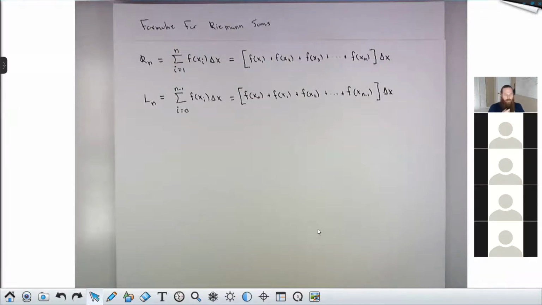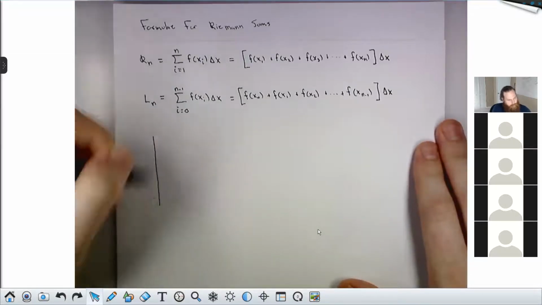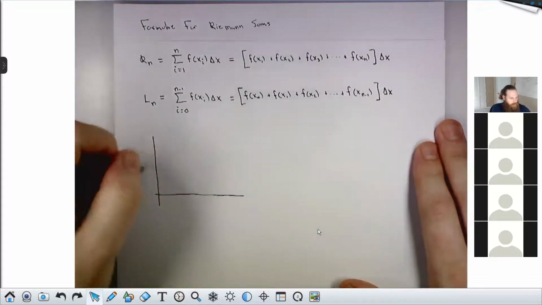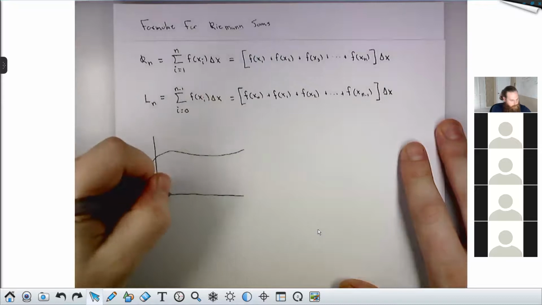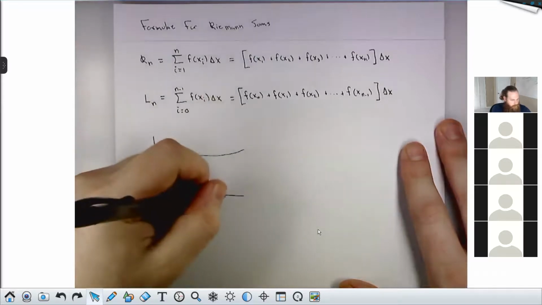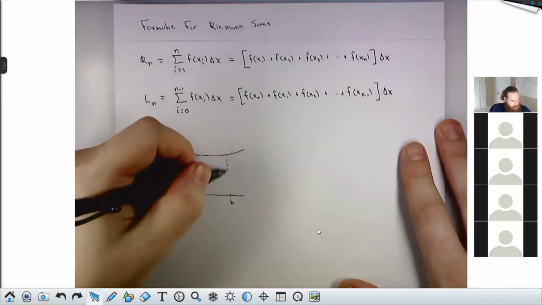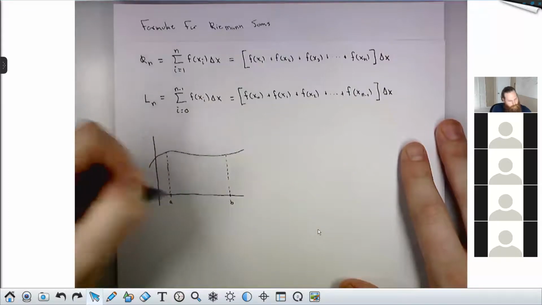And we have the pictures. I'm going to draw here the picture for Rn.